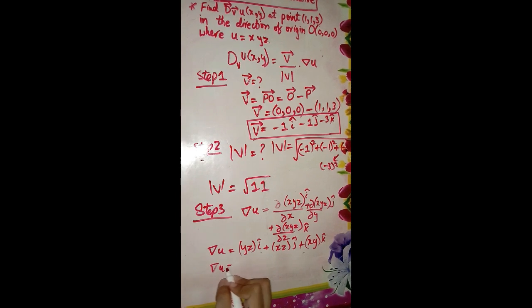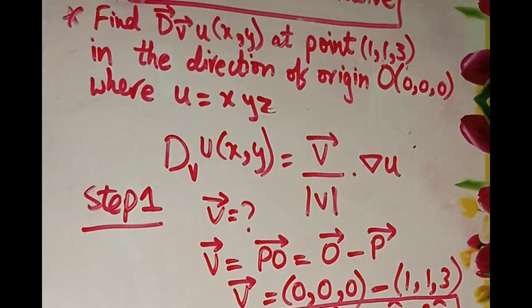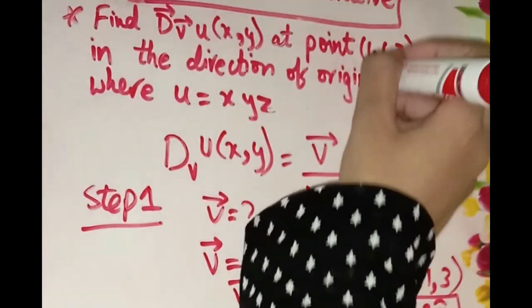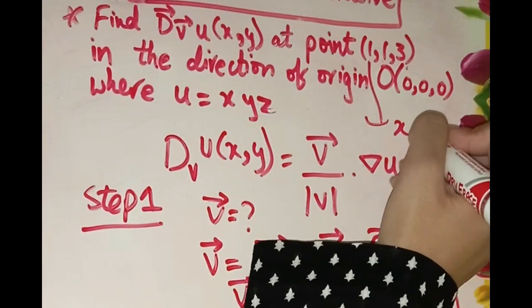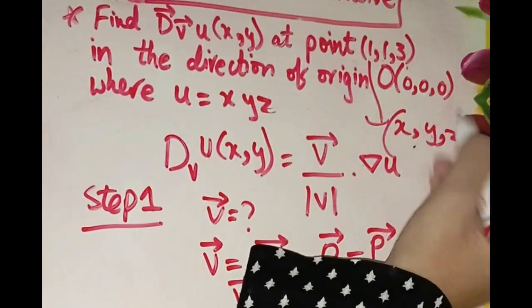So del u will be 3 i hat plus 3 j hat plus 1 k hat. You will put the value of y and z, the value of x and z, and the value of x and y. X is 1, y is 1 and z is 3.